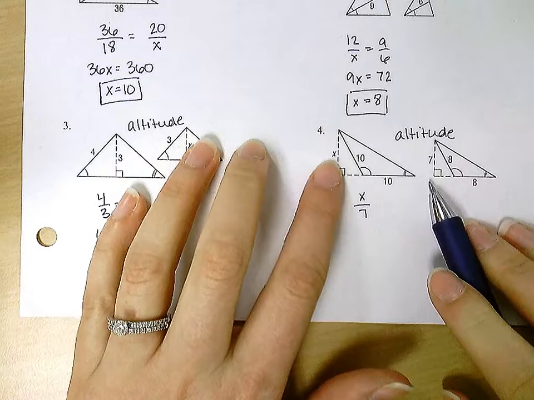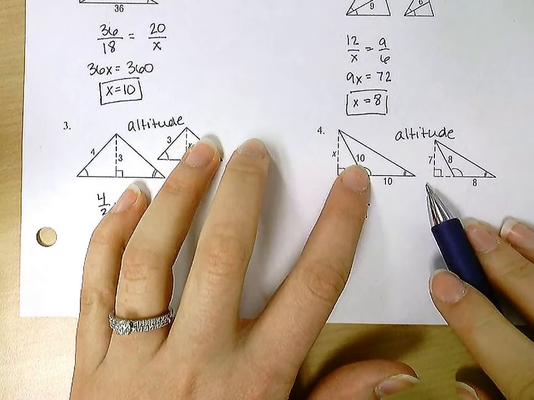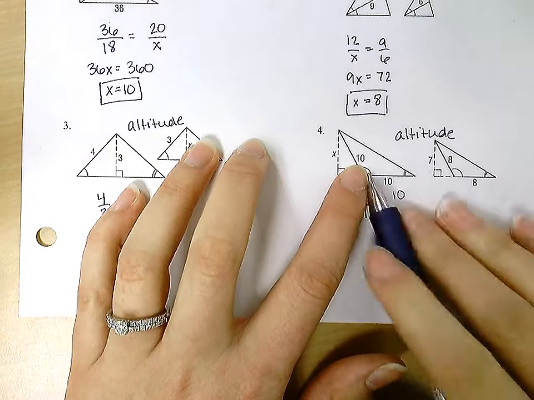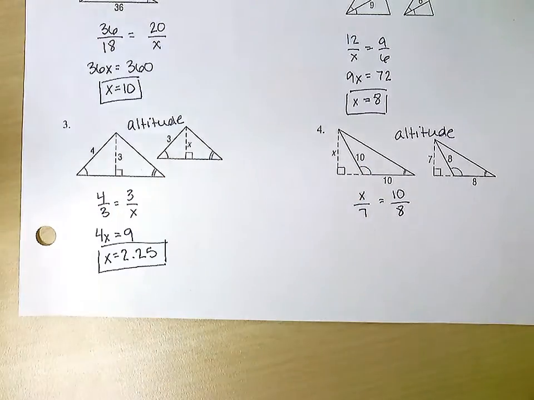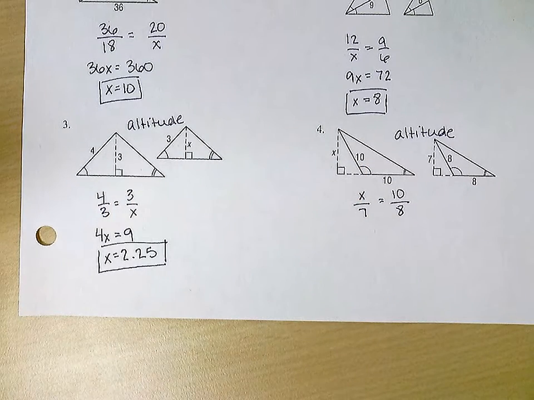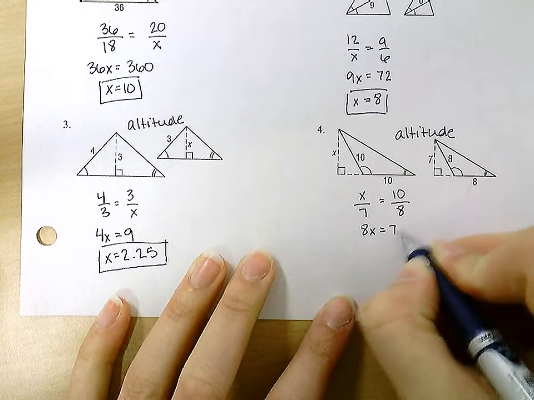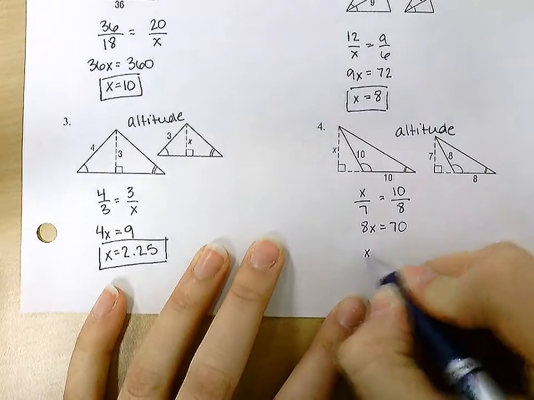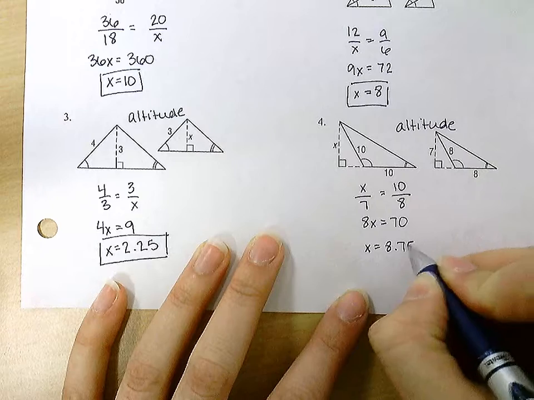Since I started with this triangle, I should start with one of the sides in that triangle. So this would be equal to 10 over its similar side, which is 8. So I end up getting 8x equals 70. Divide by 8, and x is equal to 8.75.